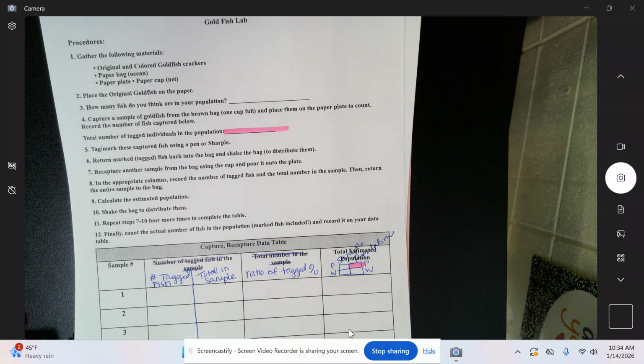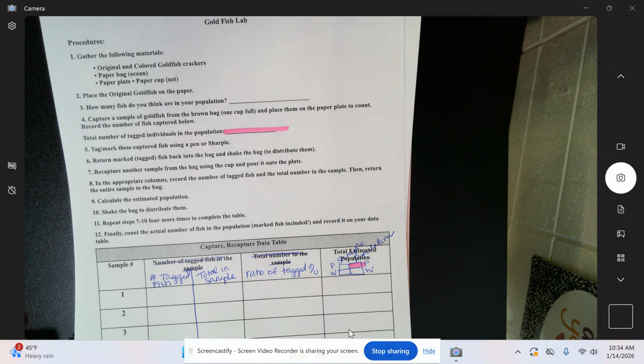You're going to count how many fish you have. If it's just a tiny little head piece, then you can just eat it. Okay, we'll put it to the side.